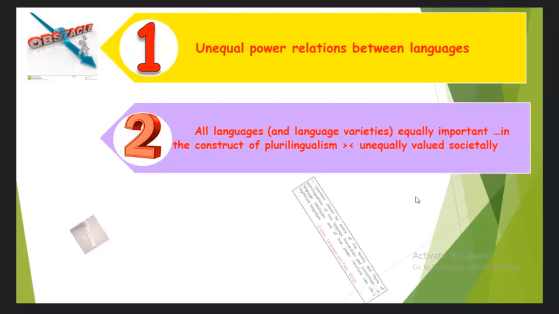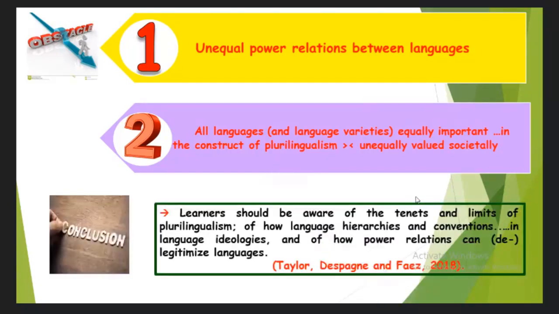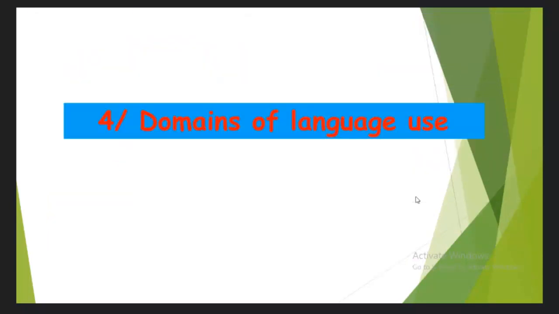And so as a learner, I think we should be aware of the techniques and the limits of lingualism, and maybe there are language hierarchies and especially language ideologies to see how powerful the relationships are, and they can help decide whether the languages are legitimate or illegitimate, right?